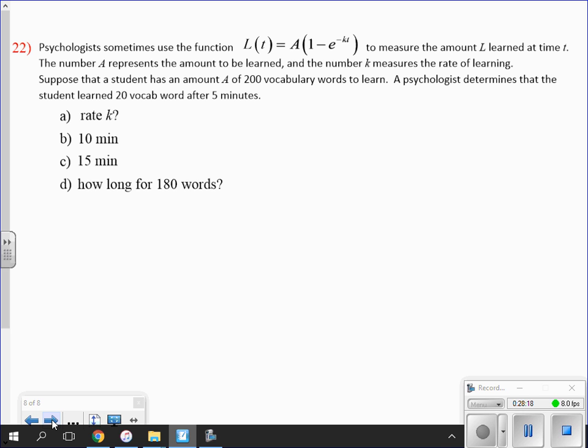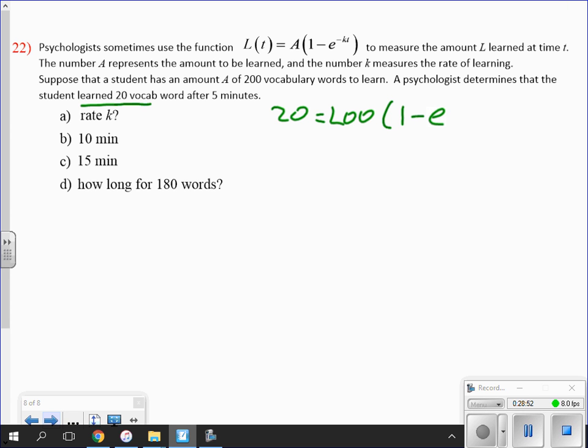The first part is: what is the rate K that you learn at, using this information? L is how much they have learned. They've learned 20 vocabulary words. So 20 equals 200 times (1 minus e to the negative kt).